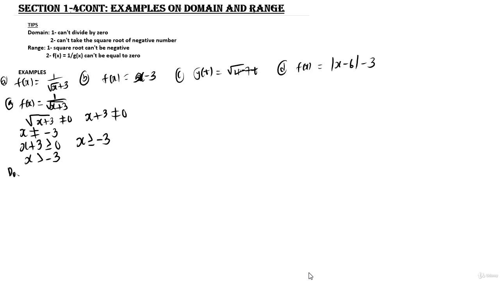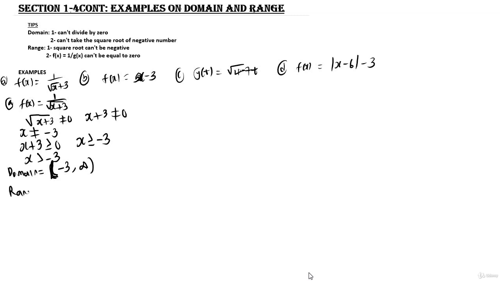So the domain for this function is going to be from minus 3 to infinity. We always use round brackets when the number is not included. So it is going to be from minus 3 to infinity.